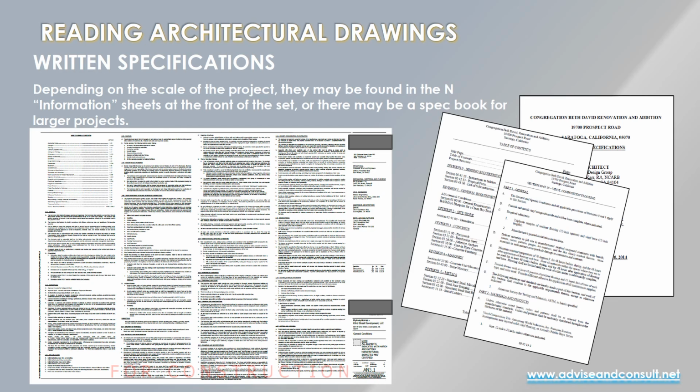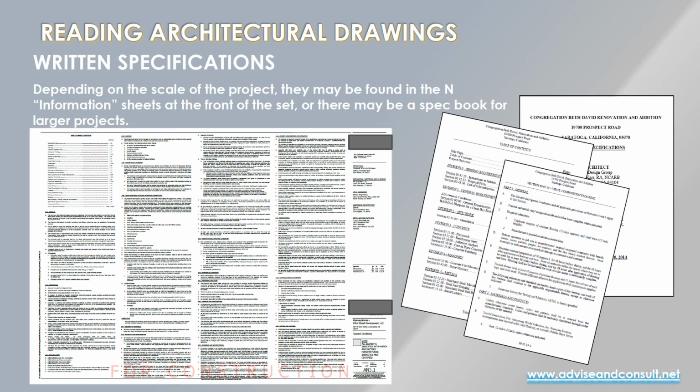We're running out of time, so I'm going to start moving a little faster. The reason that written specifications are so important is that those items that are identified as, for example, continuous roofing membrane, will appear in the specifications, which can take two forms.